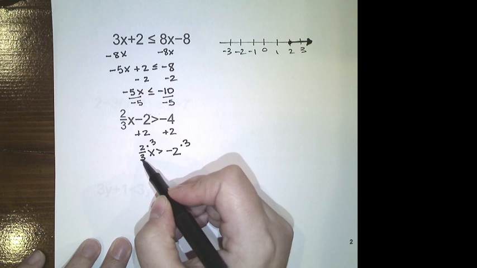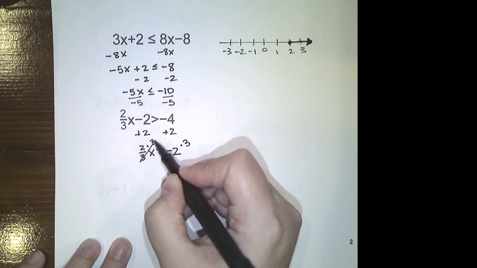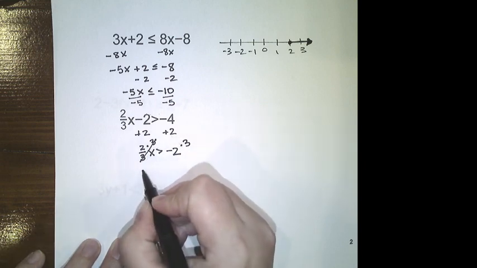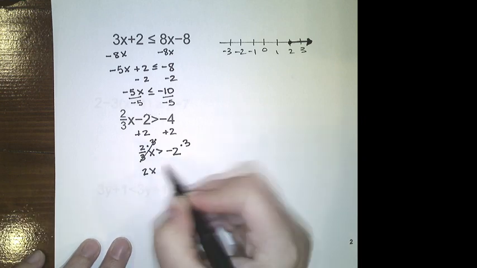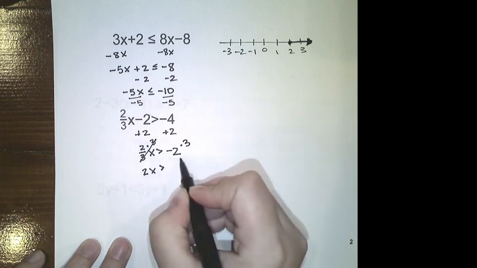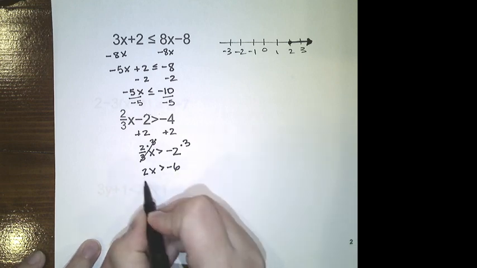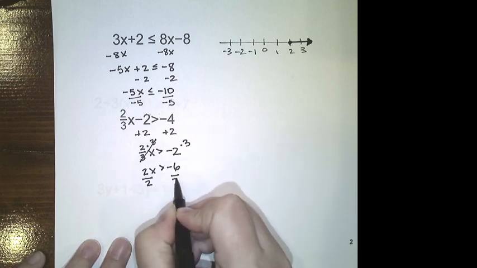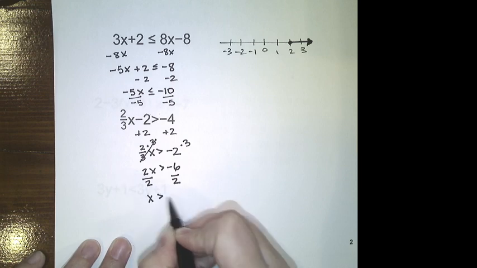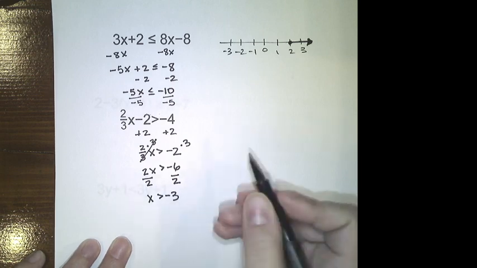When I take 2/3 times 3, the 3's are going to cancel out, leaving us with 2x. And negative 2 times 3 is our negative 6. Then we can divide by 2. x is greater than negative 3.